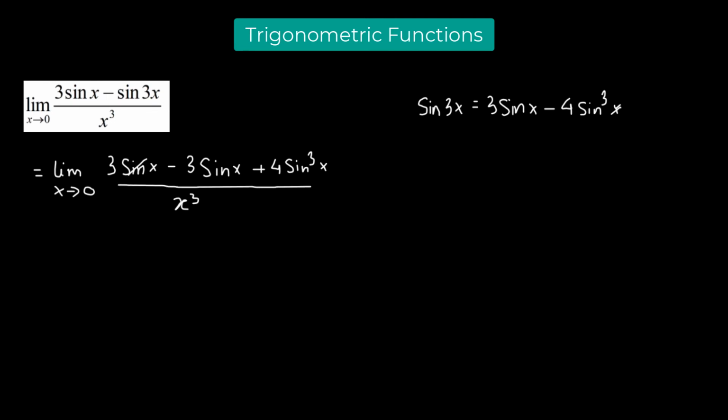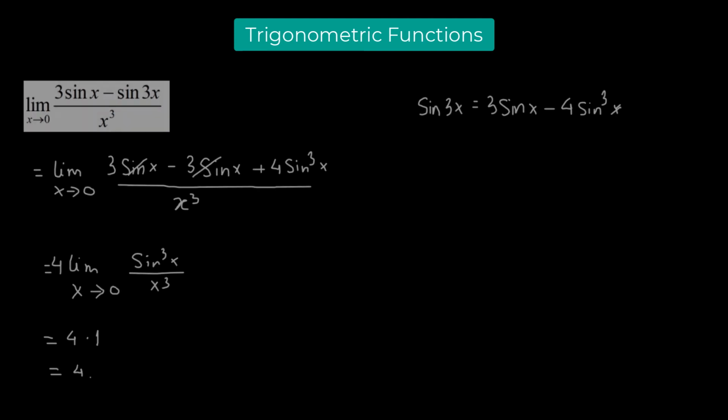The 3 sine x and negative 3 sine x get cancelled, leaving us with 4, which is a constant, times the limit x tending to 0, sine cube x over x cubed. By definition of the limiting value of sine x over x when x tends to 0, this is going to be 1. So we have 4 as the limiting value of the given trigonometric function when x approaches 0.